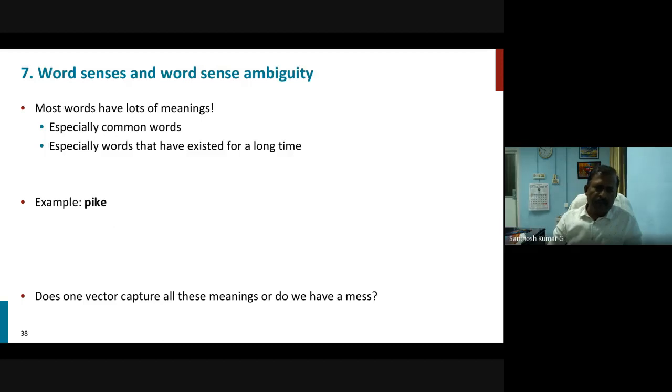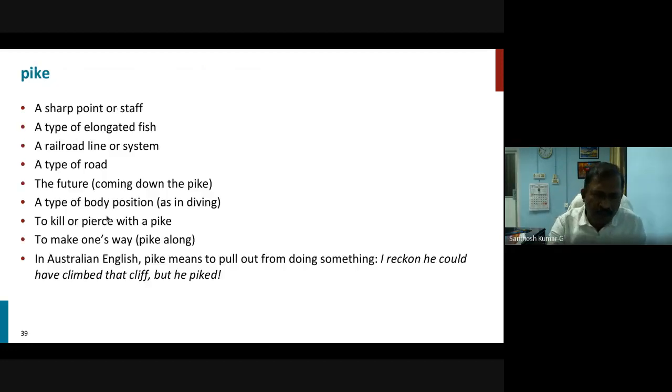So pike, if we convert this into a word vector, maybe we can expect only one vector, right? One word, one vector. So will this pike represent all the meanings? For example, pike has meanings like a sharp point or a staff, a type of elongated fish, a railroad line or system, a type of road, maybe the future, right?